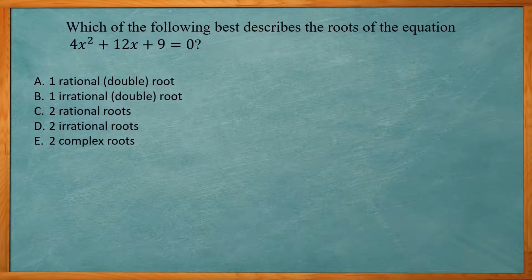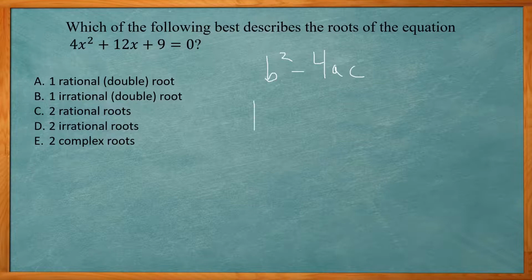And this one says, which of the following best describes the roots of the equation 4x squared plus 12x plus 9 equals 0? Now, in the beginning of this video, we talked about the discriminant, which was the b squared minus 4ac. Okay, that's going to tell you what kind of roots you're going to have.